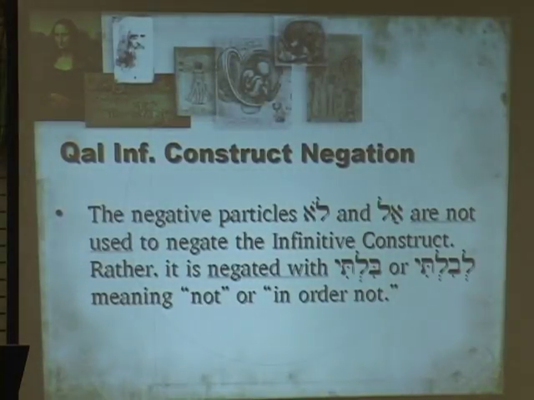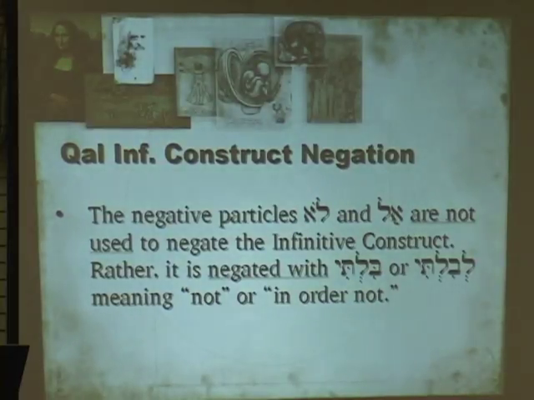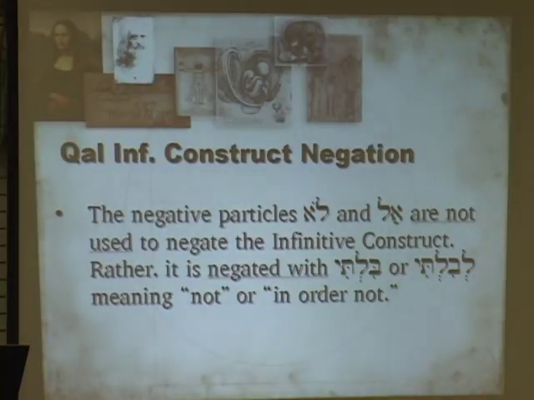What is it? Bacon, lettuce, and tomato. Easy to remember. Biltiy or lebiltiy, and it means simply not or in order not. So biltiy would be our negation word for the infinitive construct, or lebiltiy. The translation is absolutely the same.